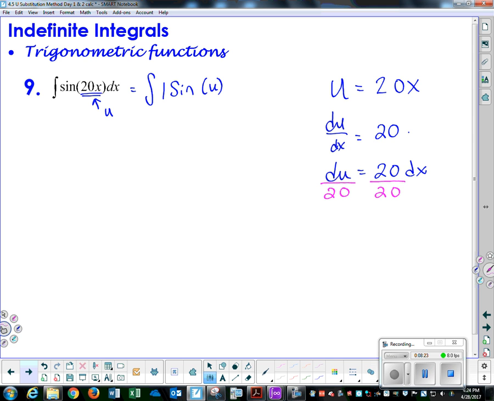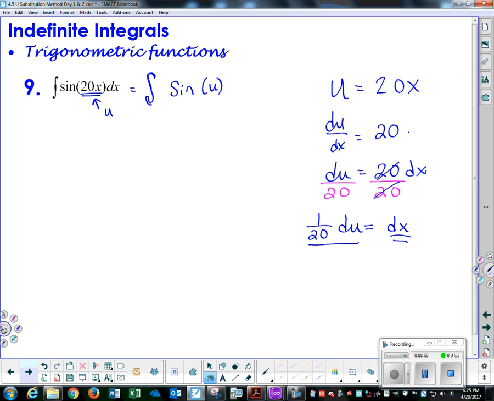As long as you do to one side what you do the other, you haven't broken any equality properties. So this will divide and give us 1. So I get 1/20 du is equal to a dx. There's our substitution.